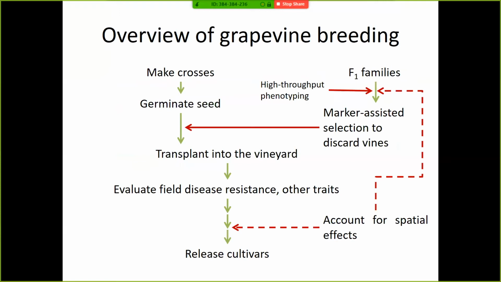So just going back to our overview of grapevine breeding, where this research fits in, the high throughput phenotyping using computer vision helps us obtain faster phenotypes for our F1 families. And this is where we get our markers that we use for marker-assisted selection.